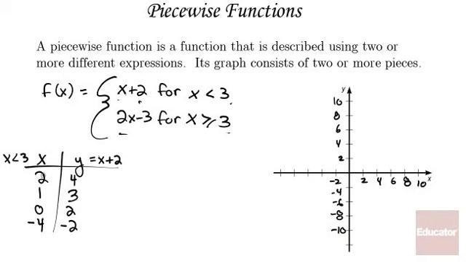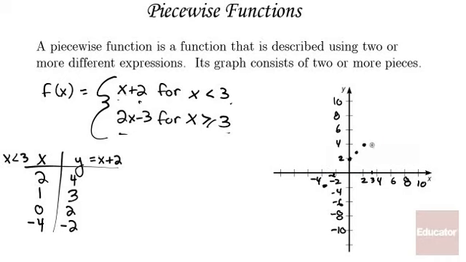Okay. When x is 2, f of x or y is 4. x is 1, y is 3. x is 0, y is 2. x is negative 4, y is negative 2. Now, this is for values of x that are less than 3.